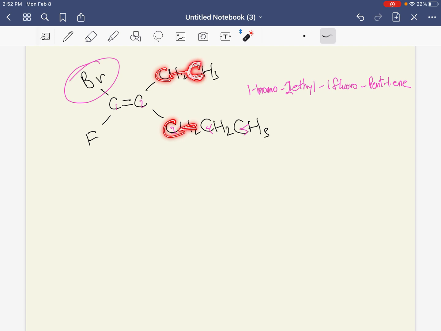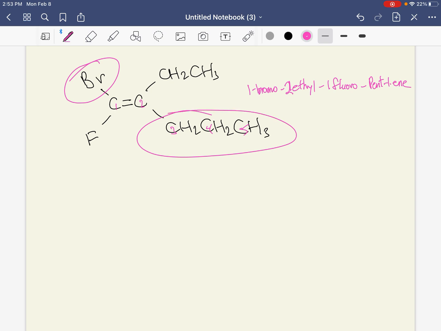This carbon is bonded to this carbon again. Again, round 2 is a tie. Round 3, this carbon is bonded to carbon. This carbon is bonded to hydrogens. No more carbon. So hydrogen versus carbon. Carbon wins. Looks like it's an E, huh? Looks like it's an E.